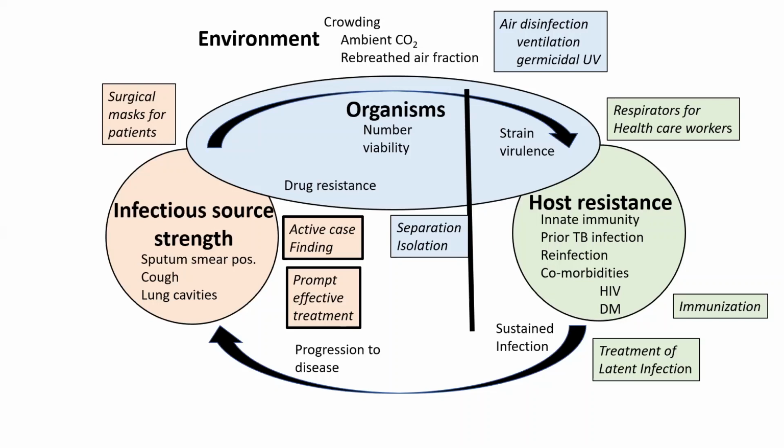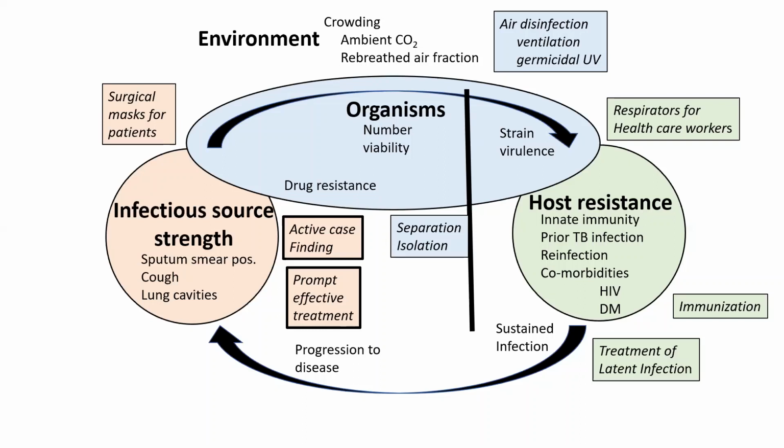Then the organisms are released into the air, almost always indoors. It is possible that transmission occurs outside, but it's very difficult to document that. Dilution is our friend. The organisms get rapidly diluted outside, and indoors as well, but the possibility for dilution indoors is much less. In the environmental space, there is crowding, and I marked ambient CO2.